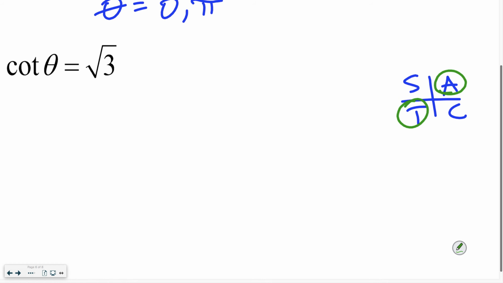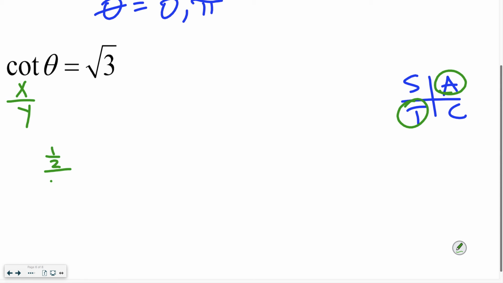Okay? Now, we know that the cotangent ratio is x over y, and this is the thought process that I would take. If you don't automatically know which bow tie this is in, because some of you know, and that's wonderful, but if you're not quite sure, you at least know it has to be 30 or 60, right? Because there's a radical 3. So what I would do, I would think about this.